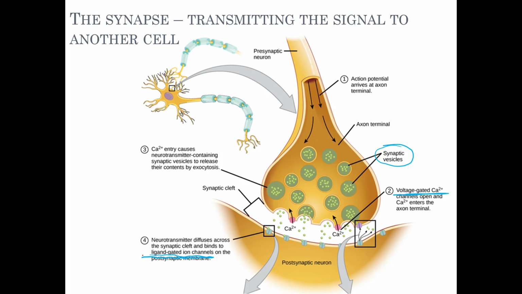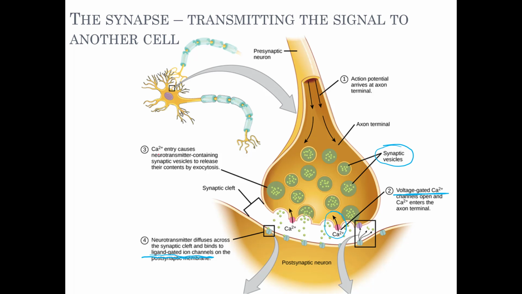Okay, so the stages of the events at the synapse. First of all, the action potential is going to travel down our presynaptic neuron membrane and arrive at the axon terminal. When it arrives at the axon terminal, it depolarizes the axon terminal, and the depolarization opens the voltage-gated calcium channels. Calcium floods into the axon terminal.